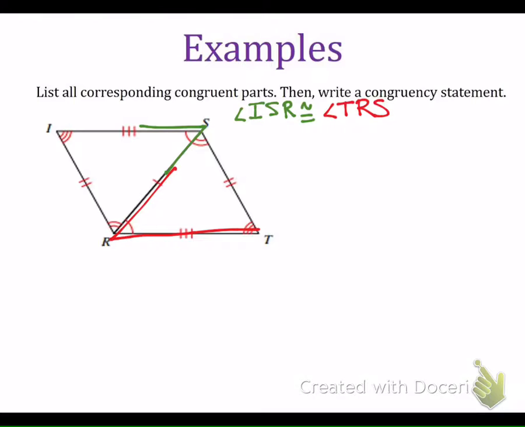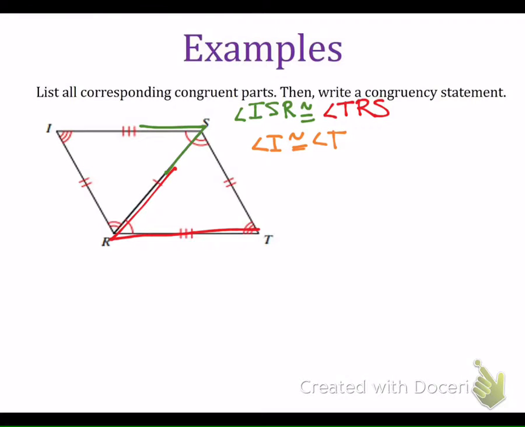Now, angle I is congruent to angle T. Why is that one okay to use one letter? There is only one angle I. There is only one angle T. Okay? I is the vertex of only this one angle. There are multiple angle S's. There are multiple angle R's. I and T are fine though.